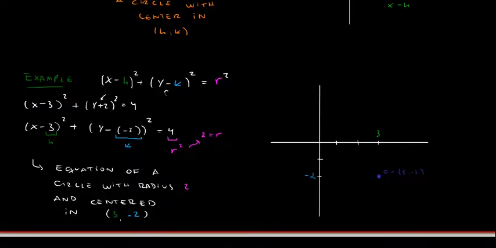That means that this line is the radius. So the circle is going to have this point, also this one because it's a distance 2, this one, and all the points in between. So it's going to look something like this.